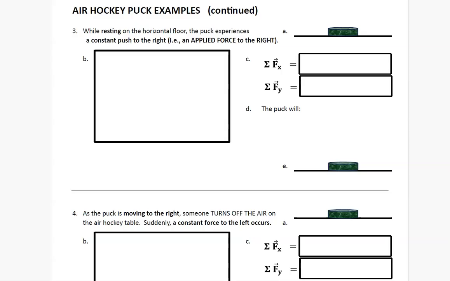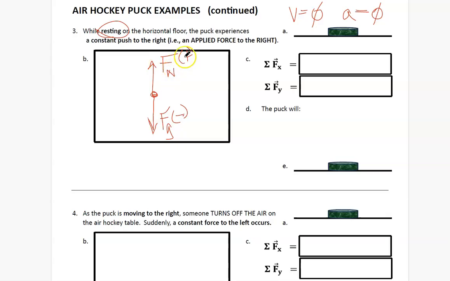Otherwise, we have the same puck resting on the floor initially. So we know that initially there's no velocity on this puck. It's resting, and therefore there's a 0 acceleration as well. We draw the free body diagram. We know it has a weight straight down. That's our negative direction. We'll just remind ourselves. We have a normal force pointing straight up.